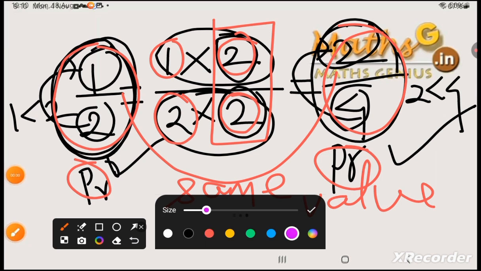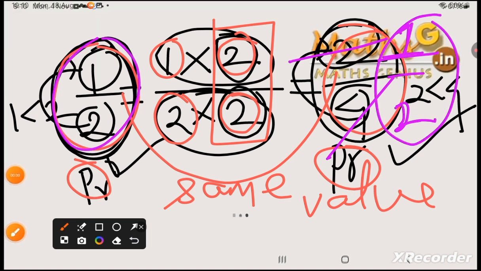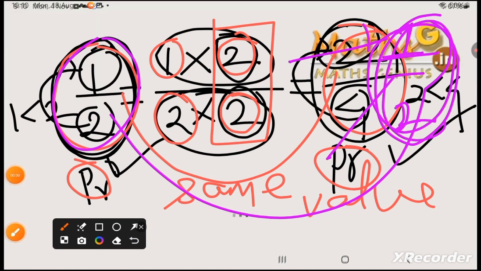Because if I divide this 2 by 2, it will become 1, and if I divide this 4 by 2, it becomes 2. So this will become 1 by 2. So 1 by 2 is nothing but the same as 2 by 4.